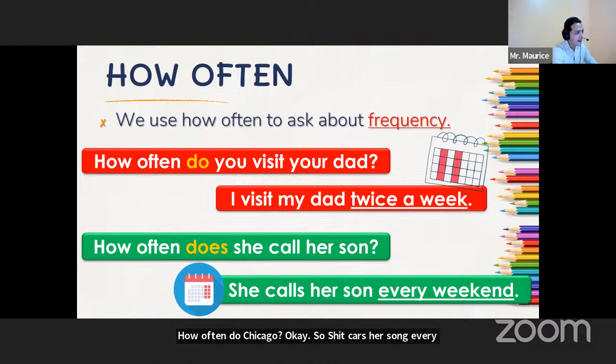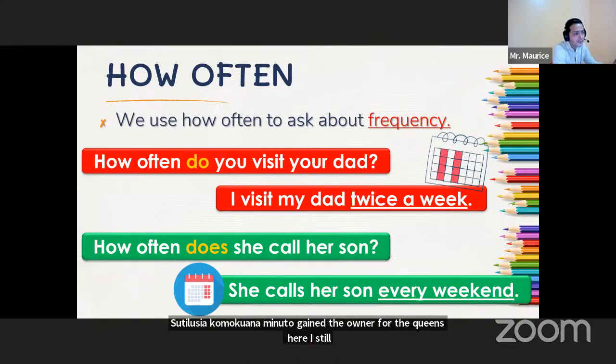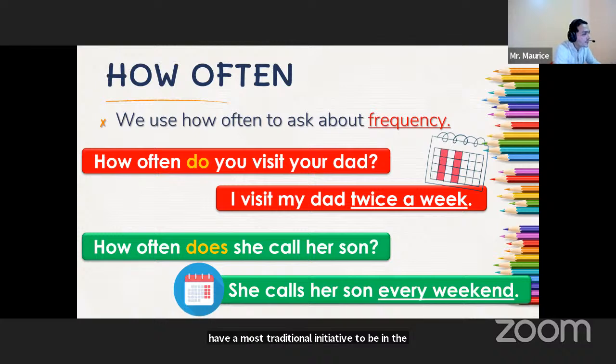So this is very similar to the previous word WH question when, but the words how often we use for the frequency. How often pues puede ser traducida como cuán a menudo, que indica una frecuencia. Esto lo vamos a utilizar al inicio también de preguntas para obtener una información relacionada pues a la frecuencia de una actividad.